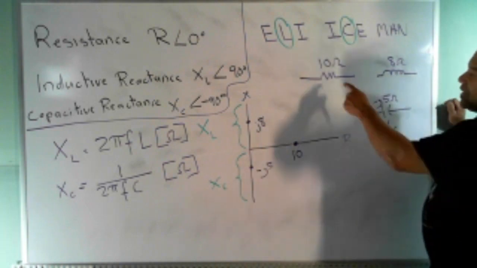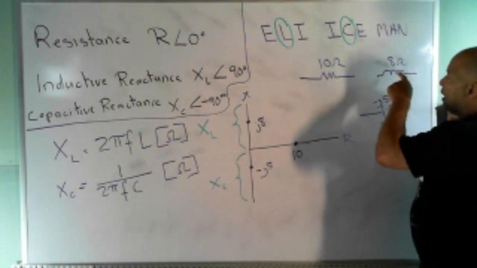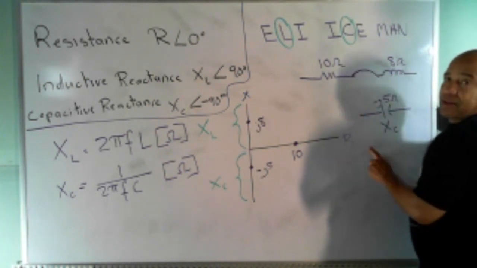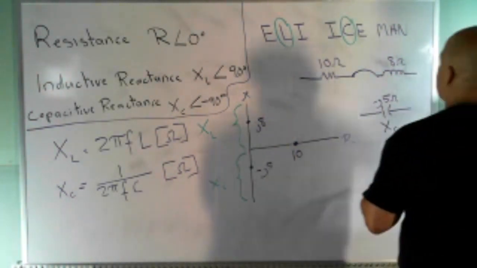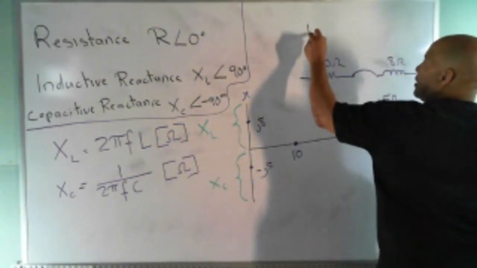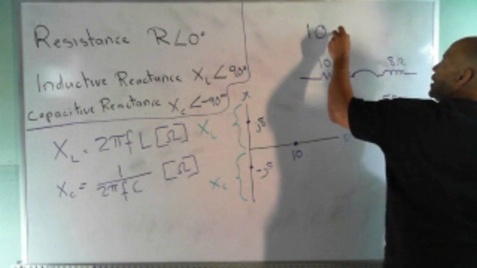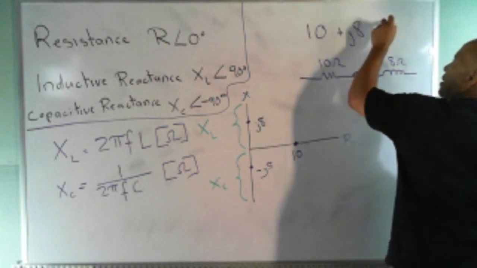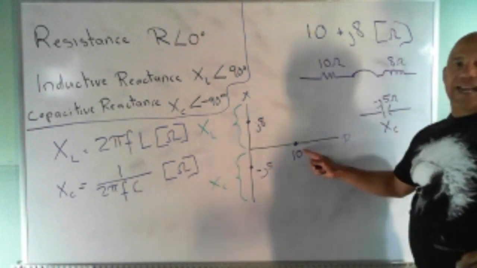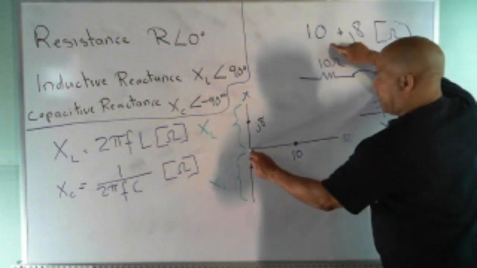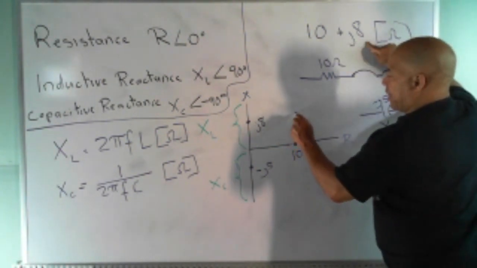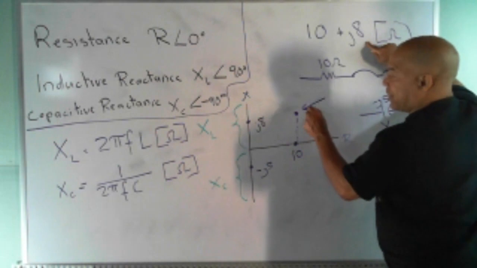Well, what happens if I take that resistor and this inductor, and I connect them together like that? Then what I would have is 10 plus J8 ohms. And I'm no longer on the axis. If I go over 10 and up 8, that means my point of opposition is right there.